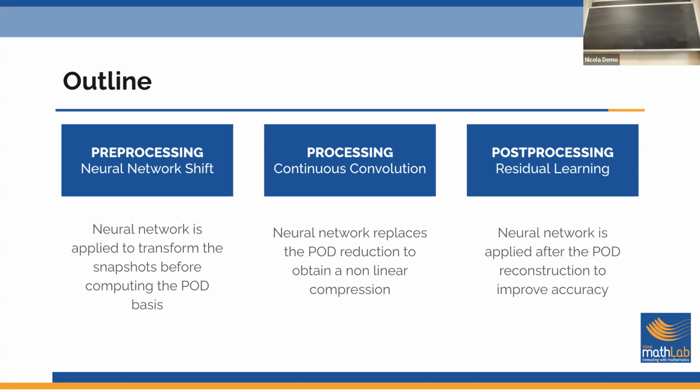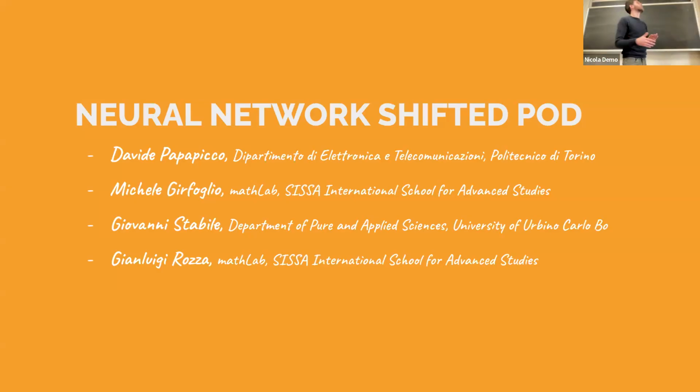And in the last, we have another example where machine learning is used as a post-processing step, where you exploit a neural network to learn the error that the POD introduces in the approximation. Okay, I hope that in a few minutes everything will be more clear.